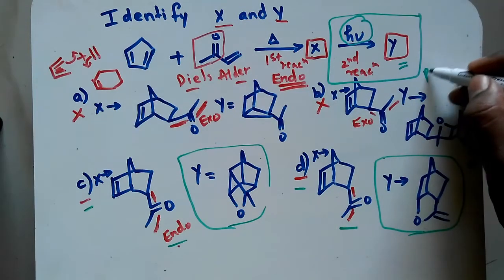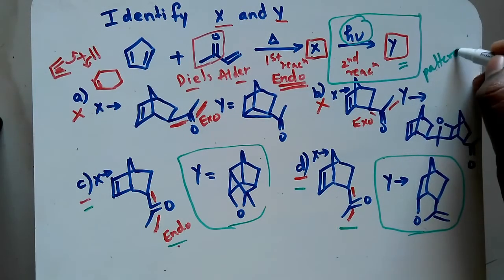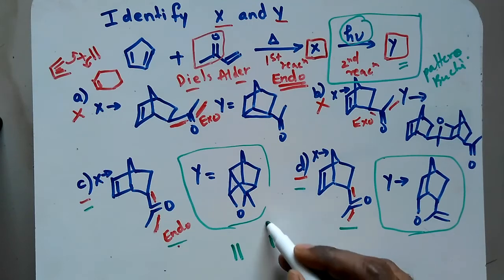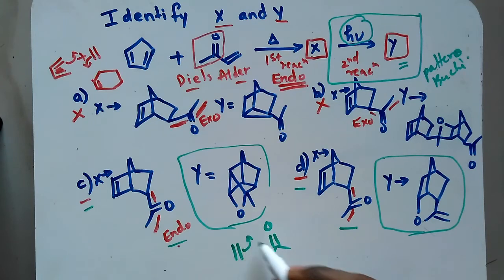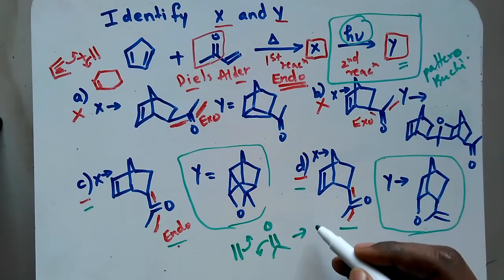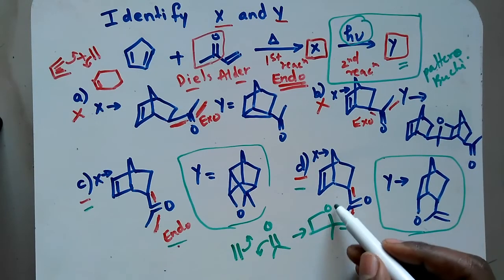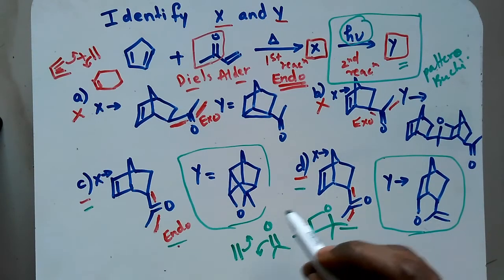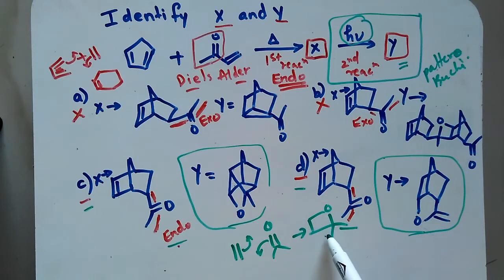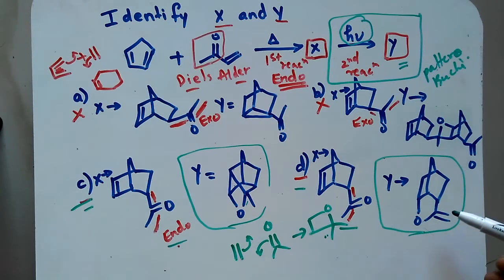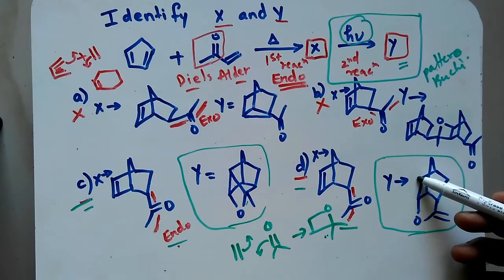If you remember the Paterno-Buchi reaction, if a double bond and a carbonyl group are given, they form a bond like this. So this is the Paterno-Buchi reaction, and what we get is a 4-membered ring, which is present only in option C. Here we are not getting that 4-membered ring.